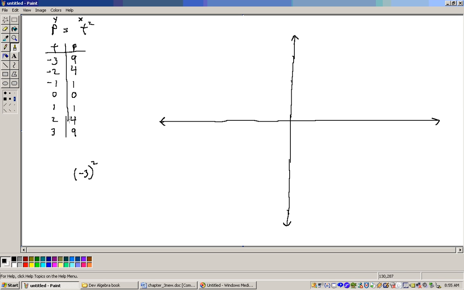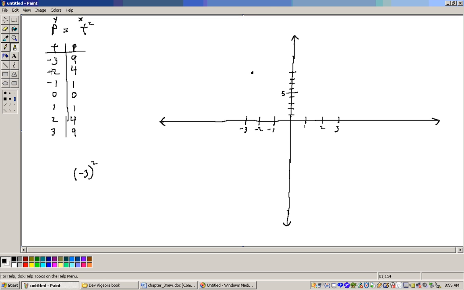And now we just need to plot these points. I see on the x-axis here, I'm going as far left as -3, -1, -2, -3, and on the right, out to 3, 1, 2, 3. And plotting a few of these points, at -3, I'm at a height of 9. I see 1, 2, 3, 4, 5, 6, 7, 8, 9. So here's my first point, -3, 9.